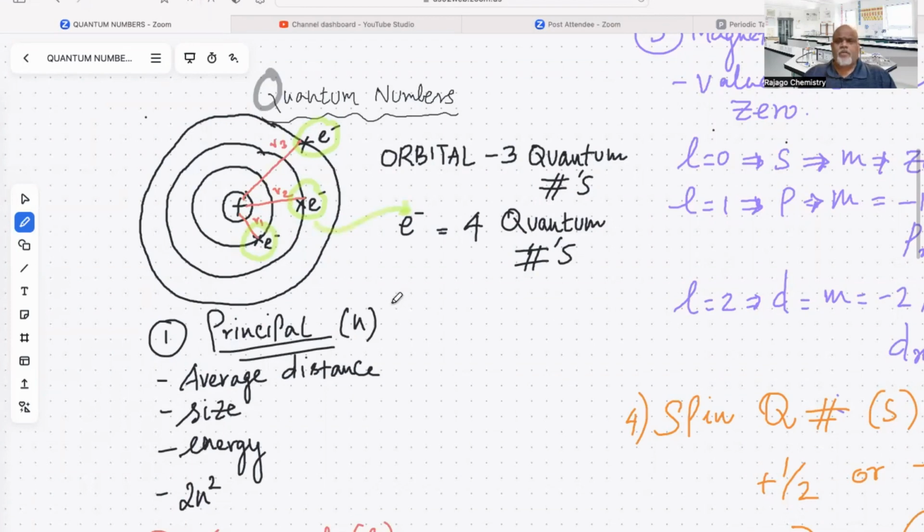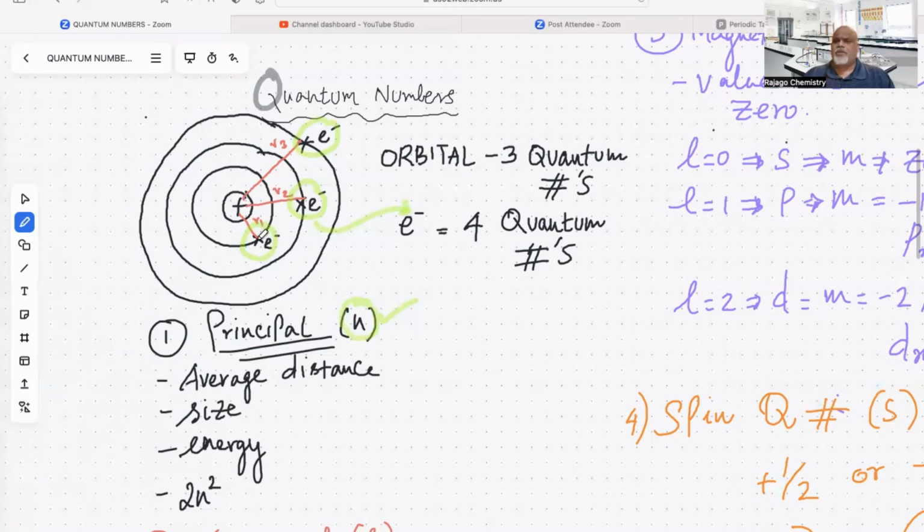The first quantum number is called the principal quantum number and is represented by the letter n. What the principal quantum number tells you is the average distance between the nucleus and the electron, so whether the electron is in the first shell, the second shell, or the third shell.